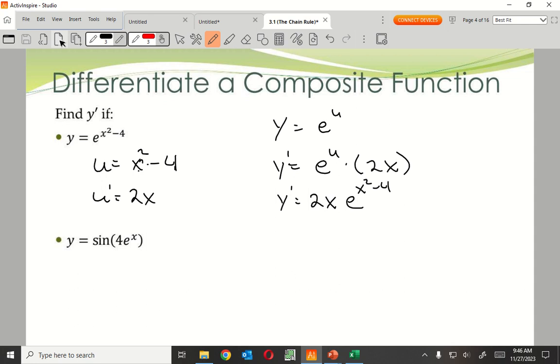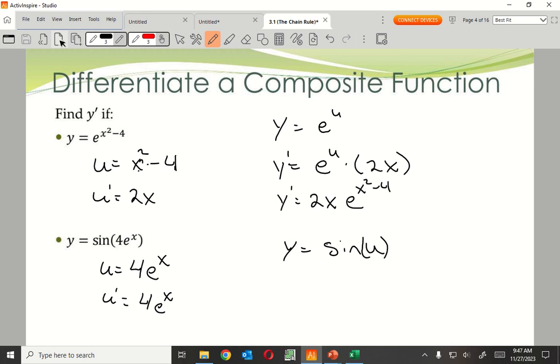Okay. Now let's do the next one. What's my u? My u is 4 e to the x, and u prime is 4 e to the x. So if that's my u, I have sine of u. What's the derivative of sine? Cosine. Very good.